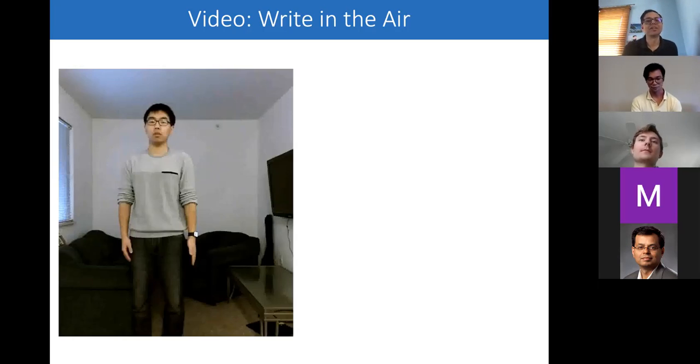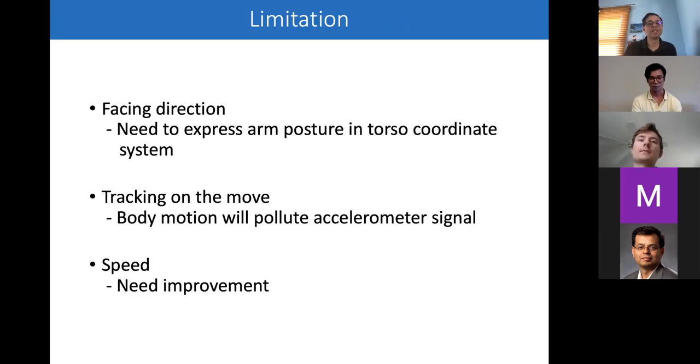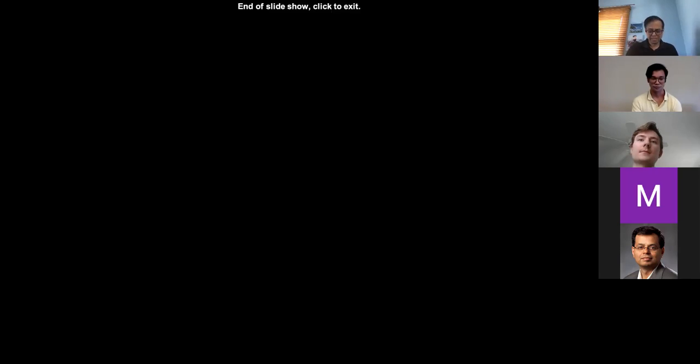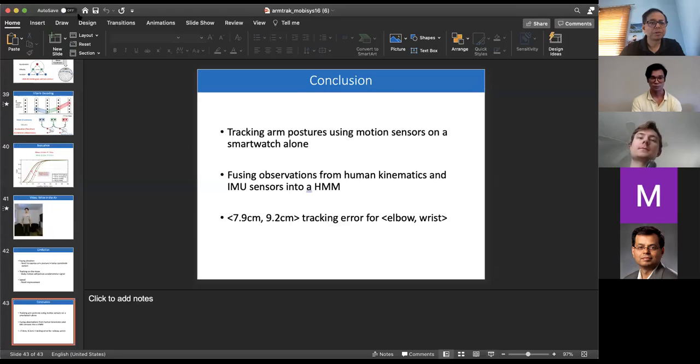That subtraction is not easy. That's one of the key problems, and it's an open problem thus far. There's no work that I know of where someone tries to separate those two. That's basically what I wanted to say about arm gesture tracking. Let me pause, stop sharing.